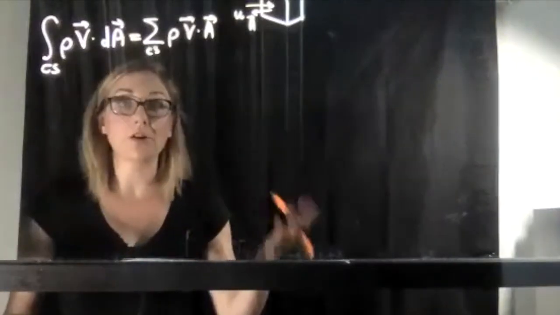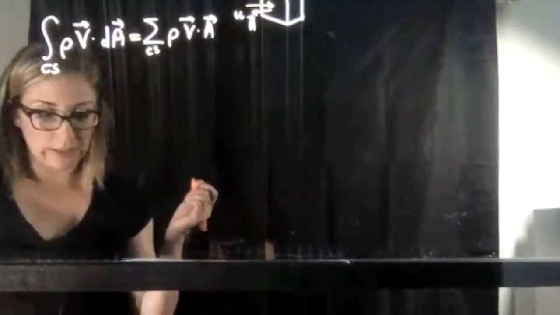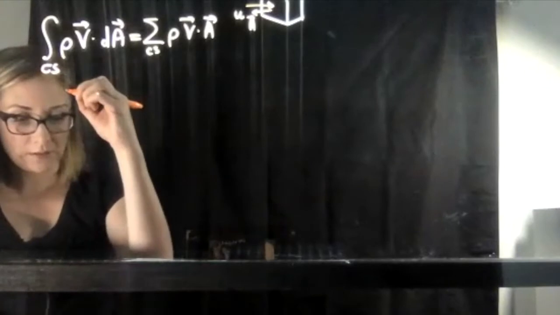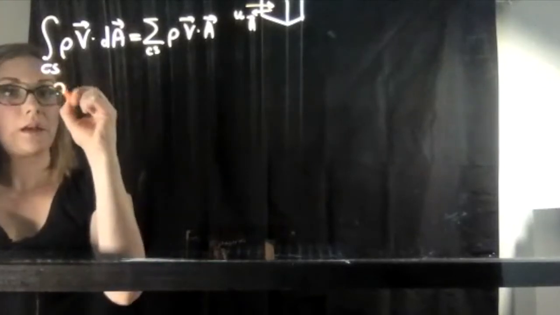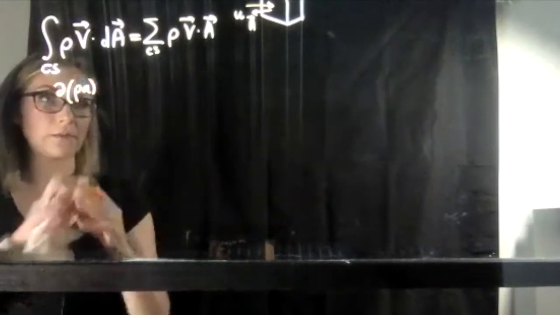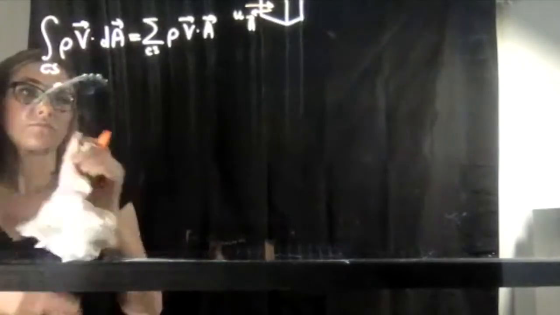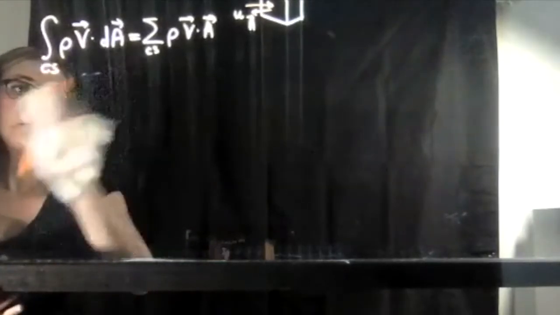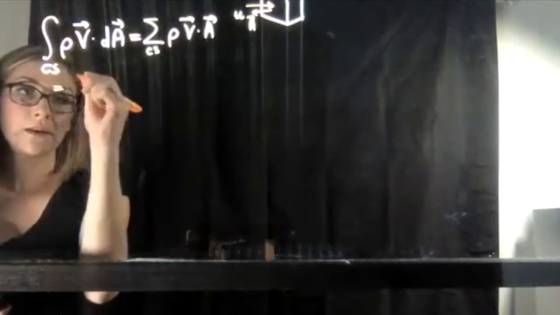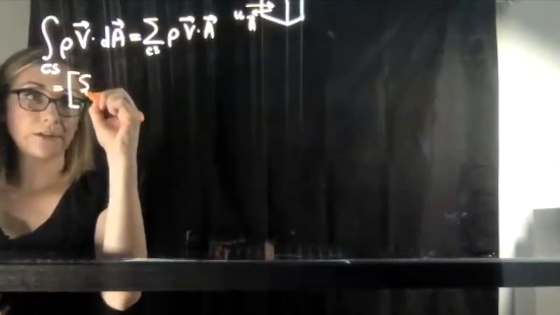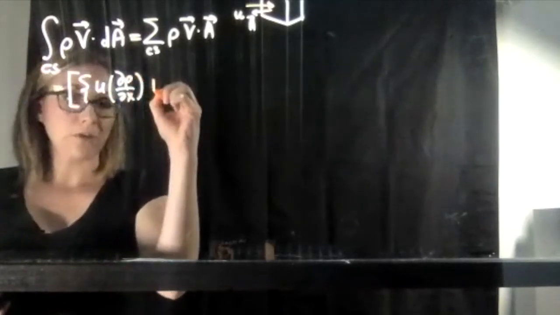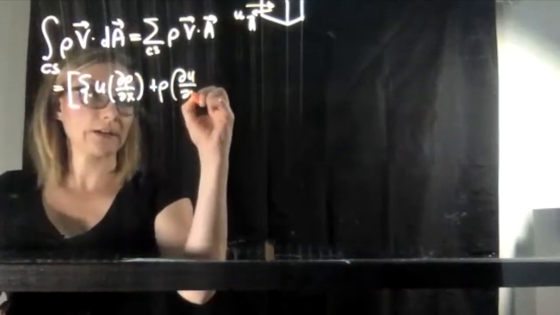Okay, so when we add all of those terms together, what we get is, in the x direction, a u partial rho partial x plus rho partial u partial x.